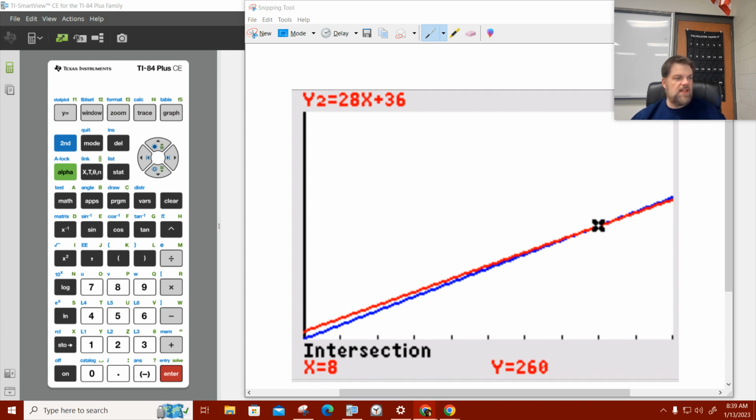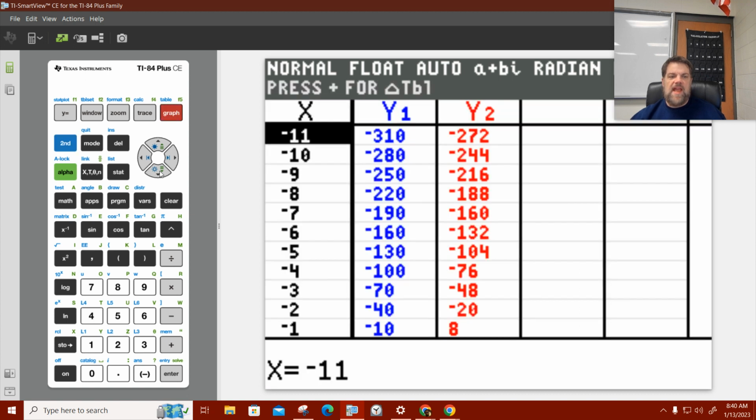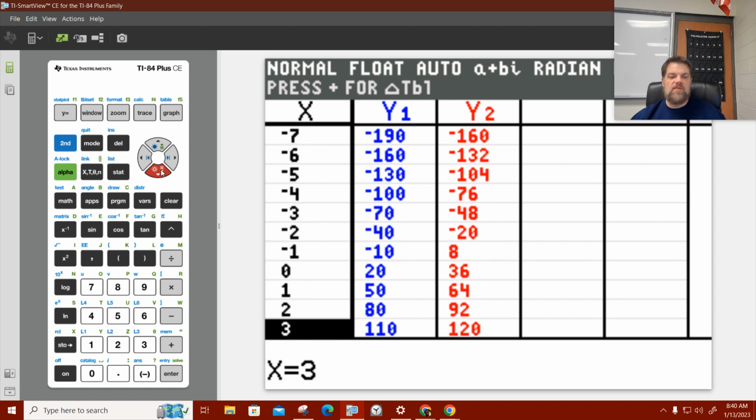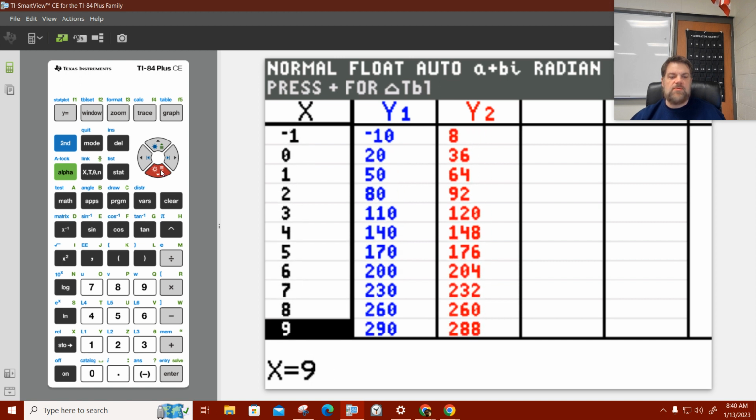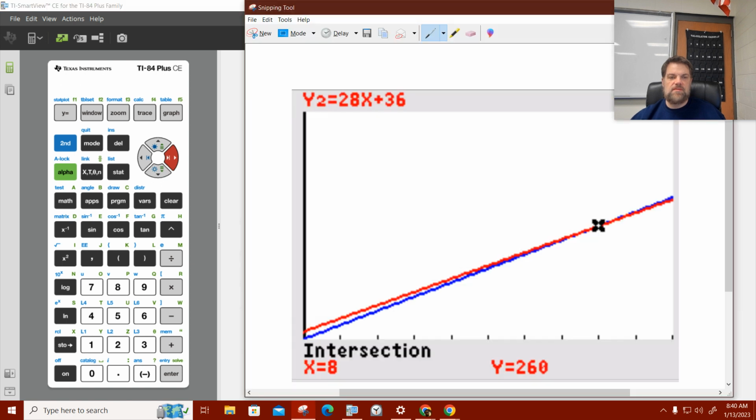Now, there's one other thing that I could show you on the calculator. The other thing we could do is hit second table, which is the graph button. And we said when x equals 8, they both have the same value. So if I go down here to where x equals 8, see how this equals 260 and this equals 260? See how they both equal 260?